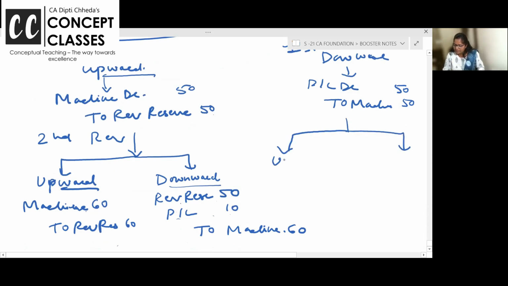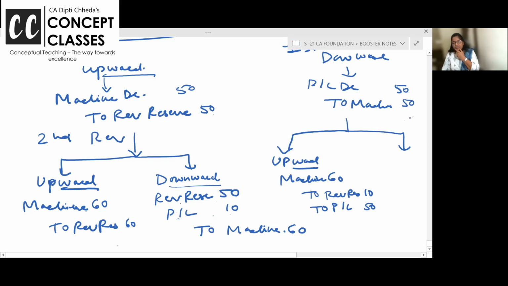Now subsequent upward. Now upward is happening, so increase the value of the machine by 60. But instead of putting everything to revaluation reserve, only put 10 to revaluation reserve. Because already you had done down valuation, you have transferred 50 to P&L. So now adjust 50 here. I hope you all are getting it.